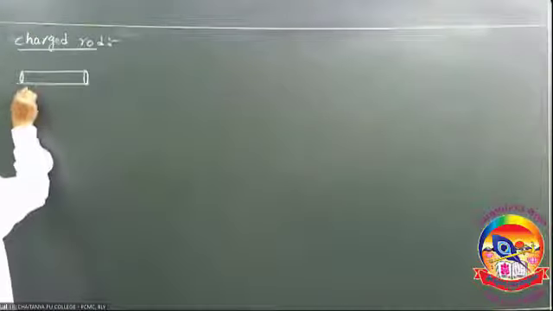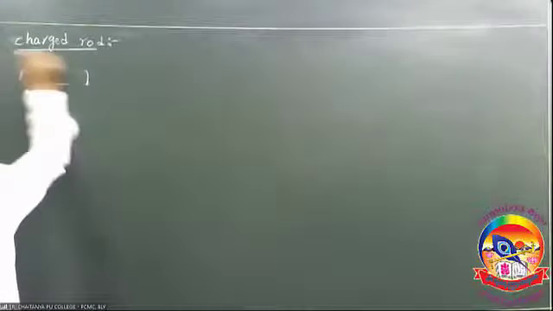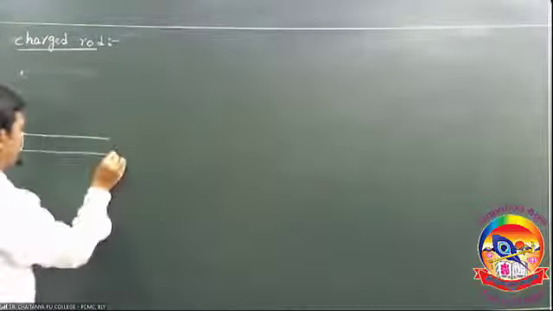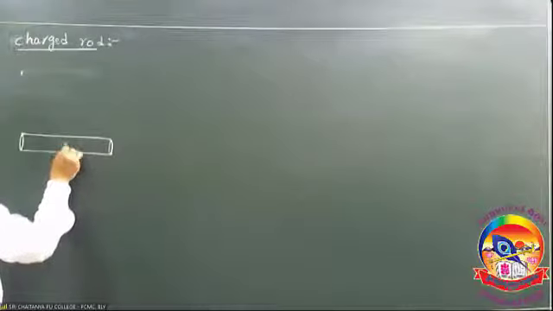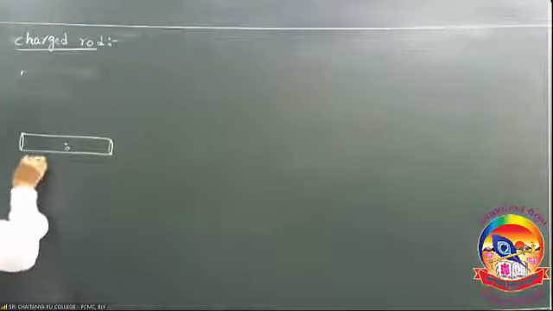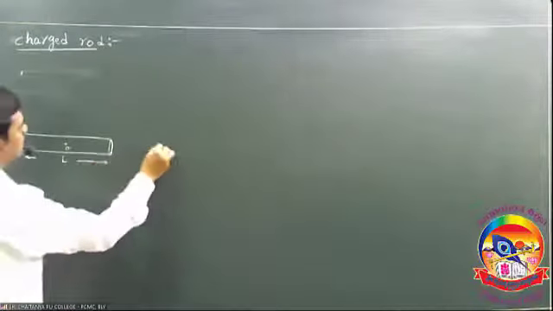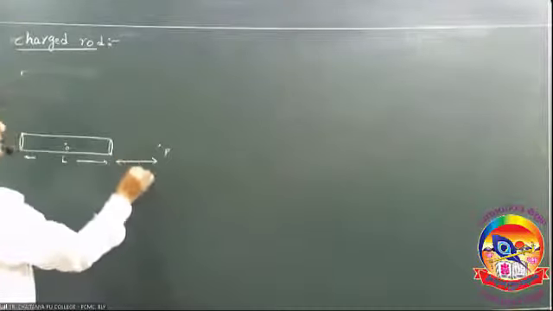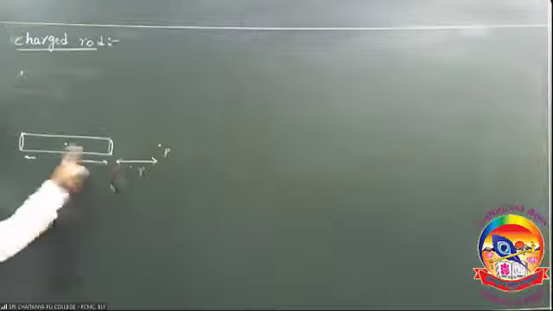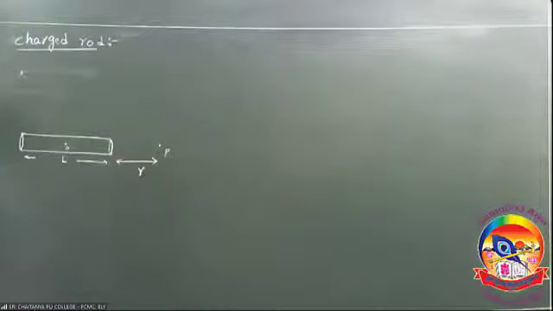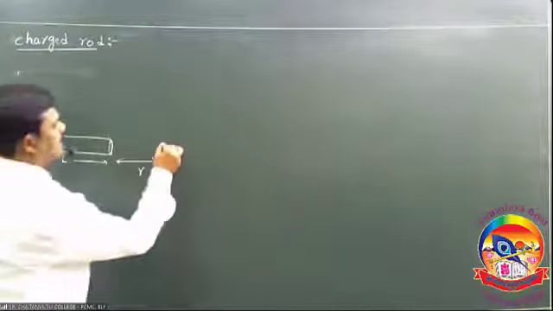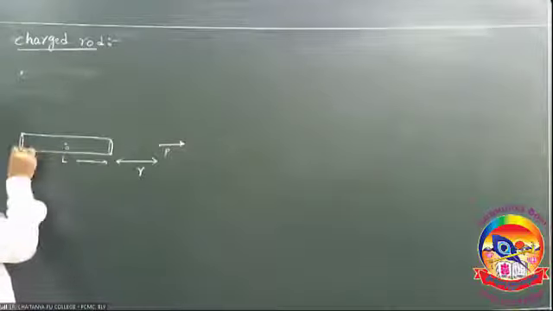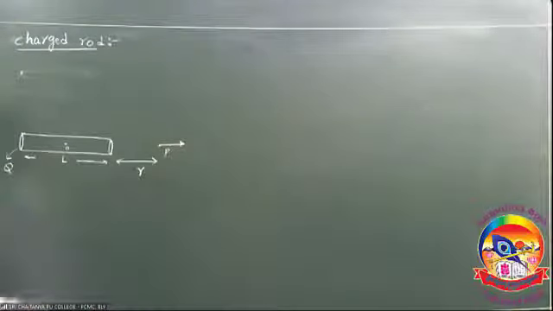If this is the rod of length L, this is the center, this is of length L. If I take a point here at a distance R from this end, the intensity at this point, as I gave the charge on this is Q, positive charge.